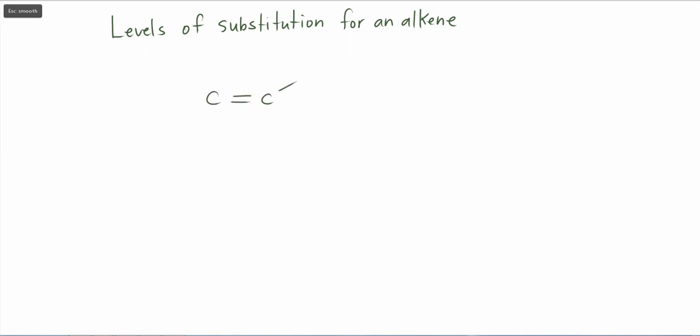Now, what we can talk about now are levels of substitution for an alkene. Okay? So when we talk about levels of substitution, let's take a look at this simple ethene molecule.